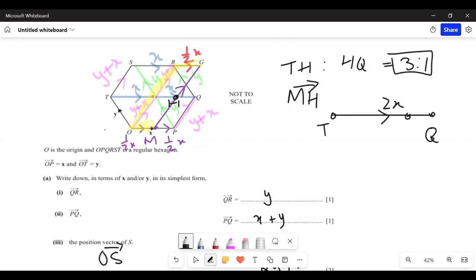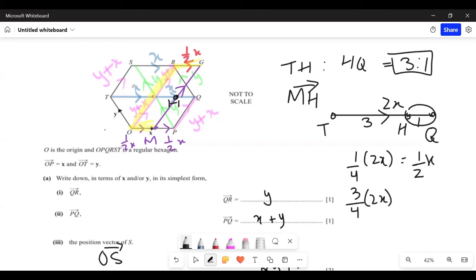And H is somewhere over here. The ratios are 3:1. That means this part is 1/4 of 2X, which is half X. And the rest of it is going to be 3/4 of 2X. So that's 3/2 X.